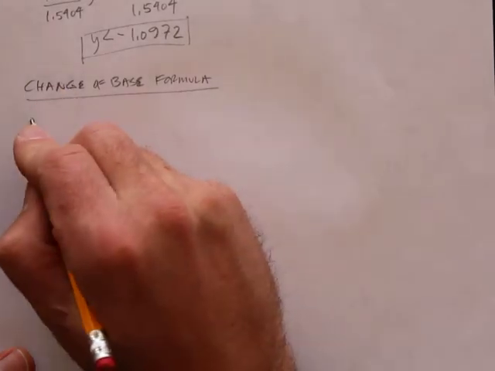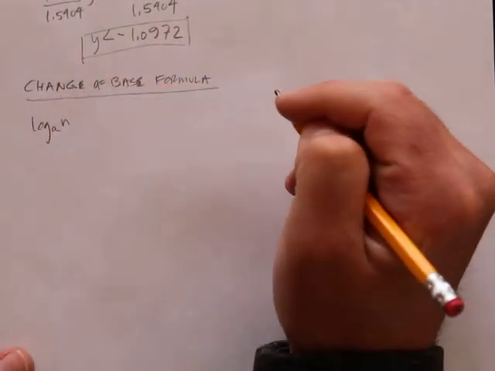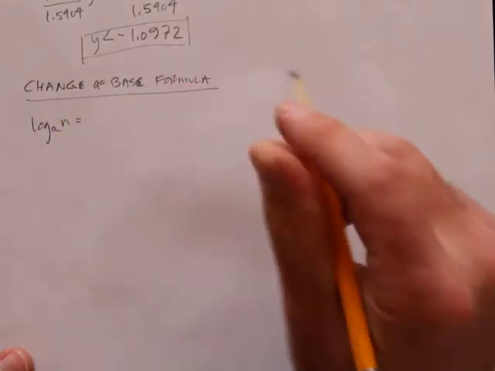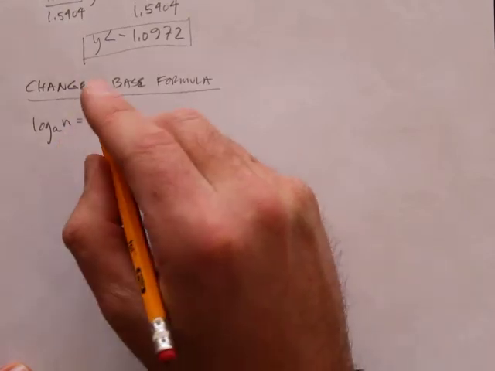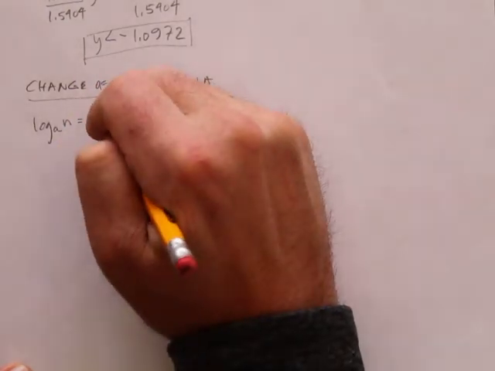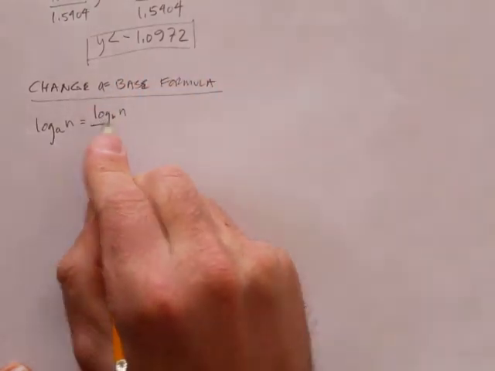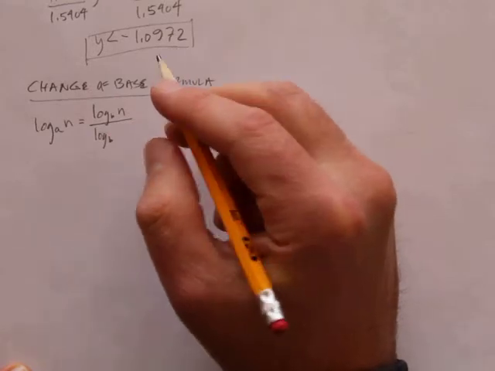And here it is. I've got log base A of n. Here's what this equals. It equals log base B of n over log base B of A.